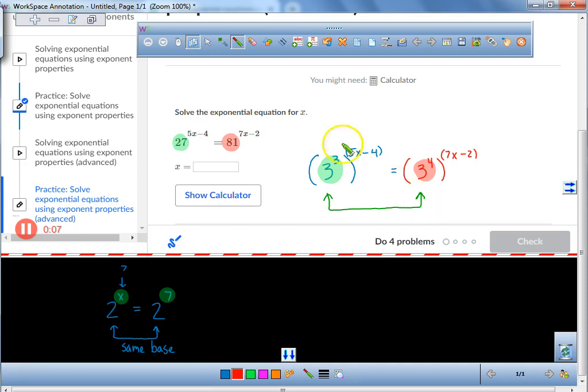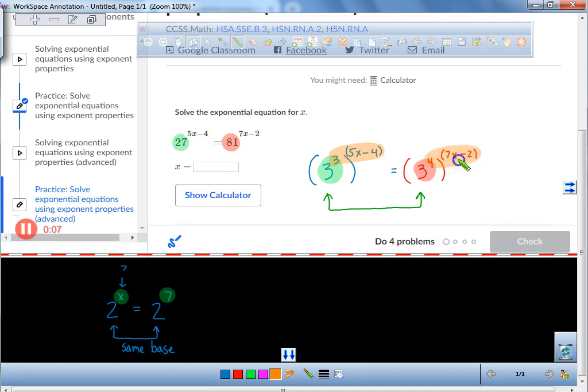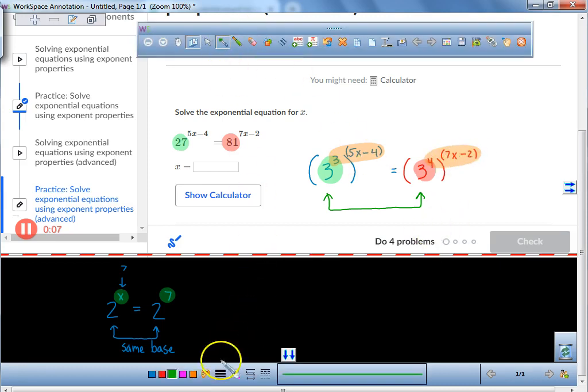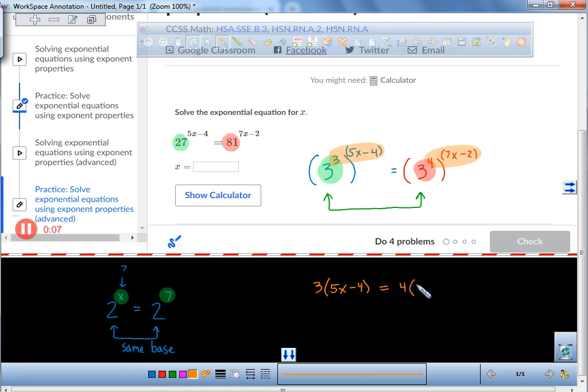Base 3. Now what can I set equal to each other? Now I can set this right here equal to this right here. So here's how I set it equal. I do 3 open parentheses 5x minus 4 equals 4 open parentheses 7x minus 2.